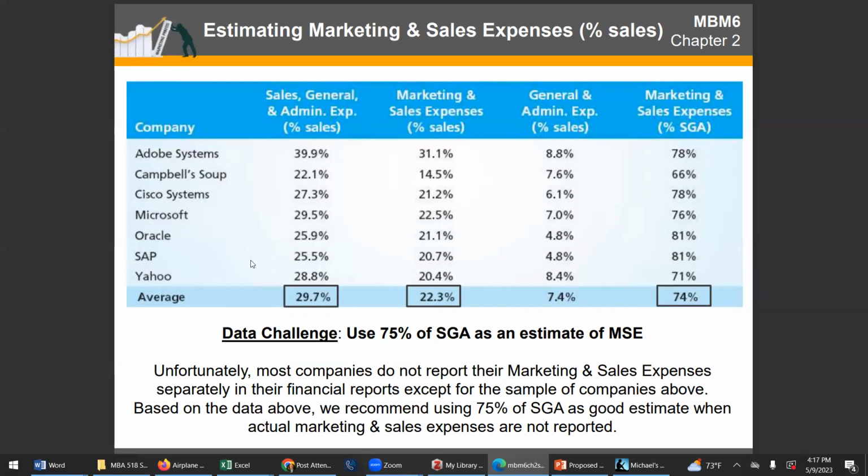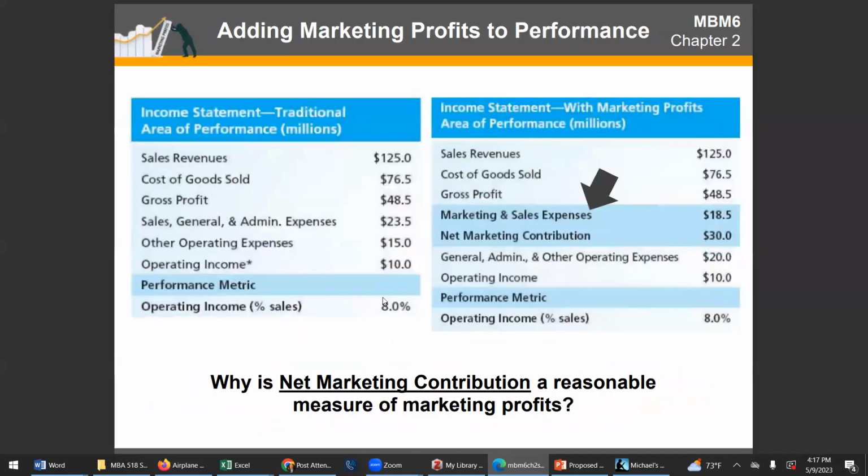Okay. So this is kind of interesting here. What we're appreciating is that some companies will break out marketing and sales expenses, but some don't. Again, the typical approach is to just simply release or make public the financial metrics.